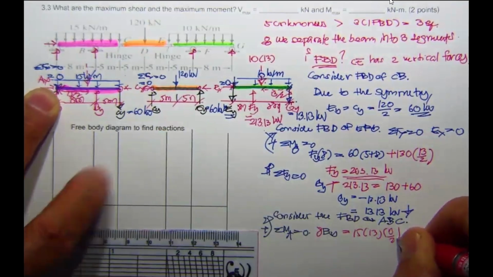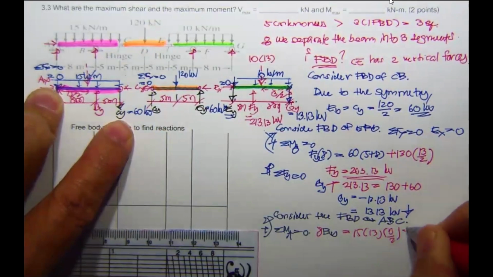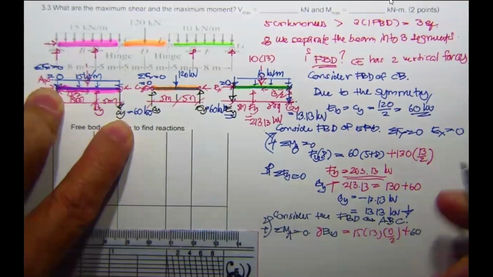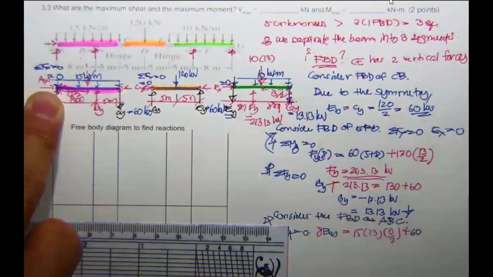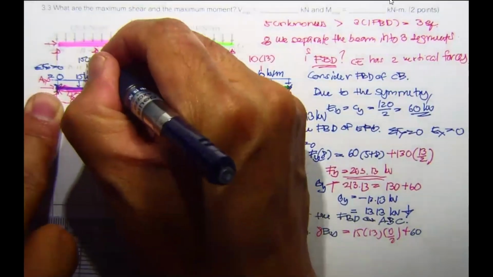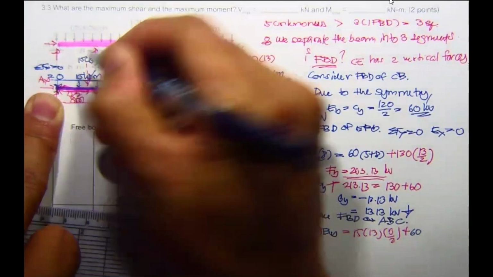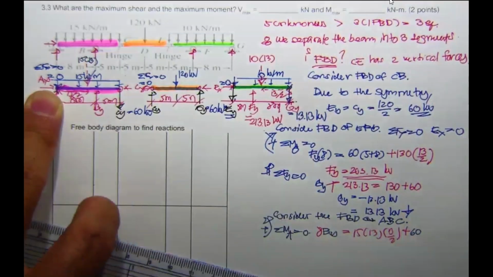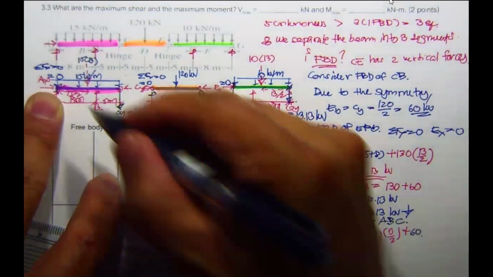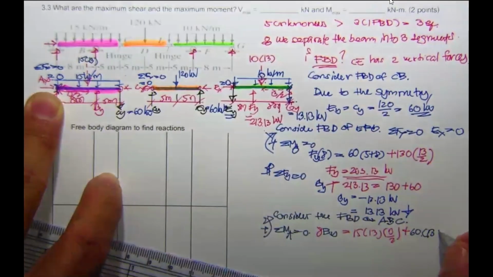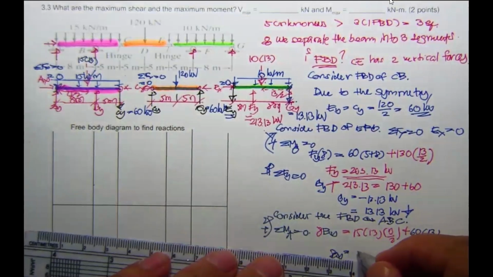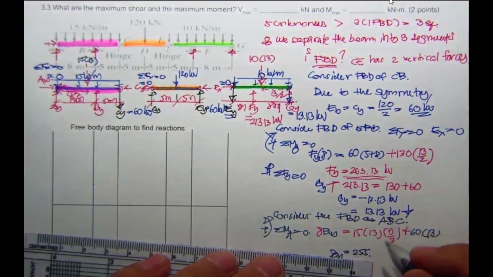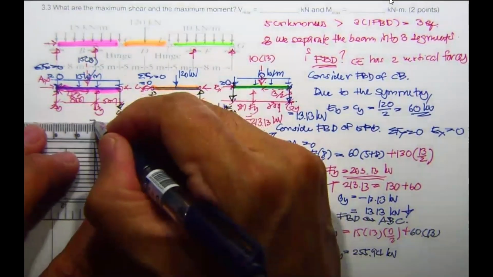And then 60 rotates the same way as this one, plus 15 times 30, and then 60 times a total of 13. So B sub y should be 255.94 kilonewton.